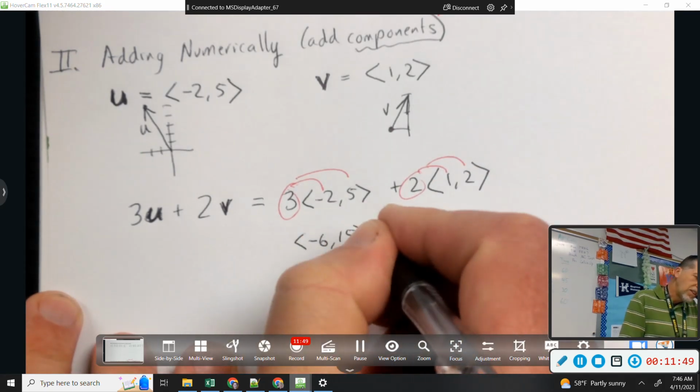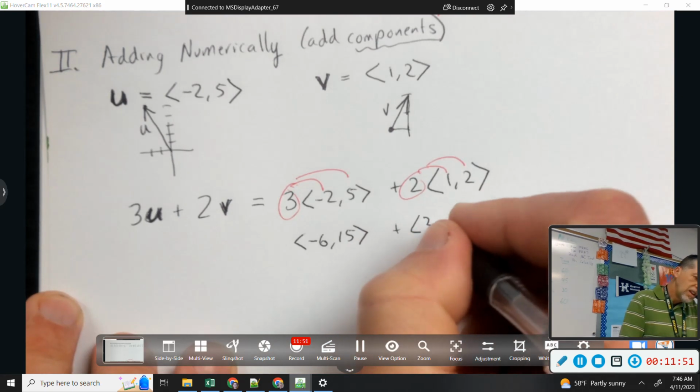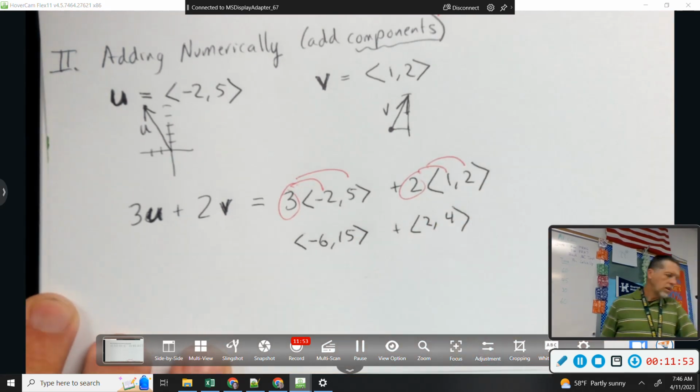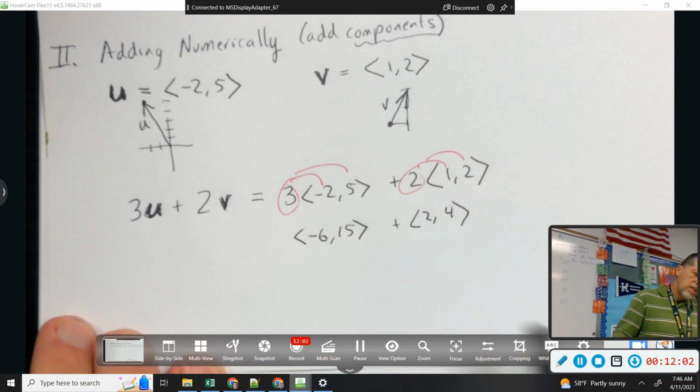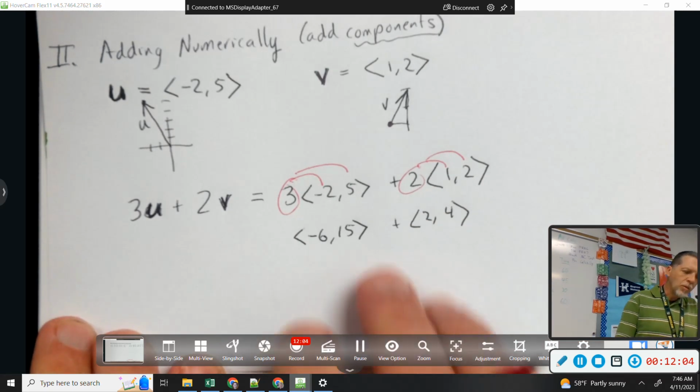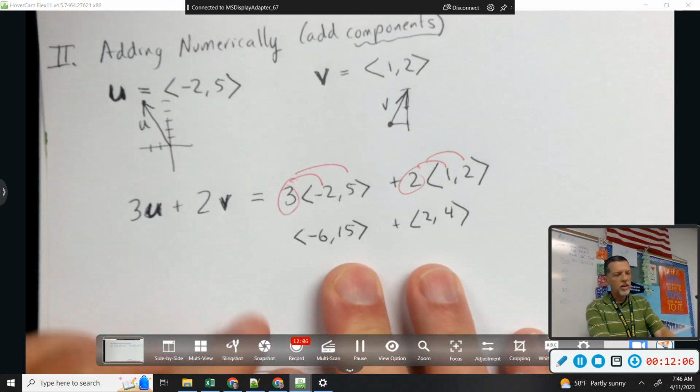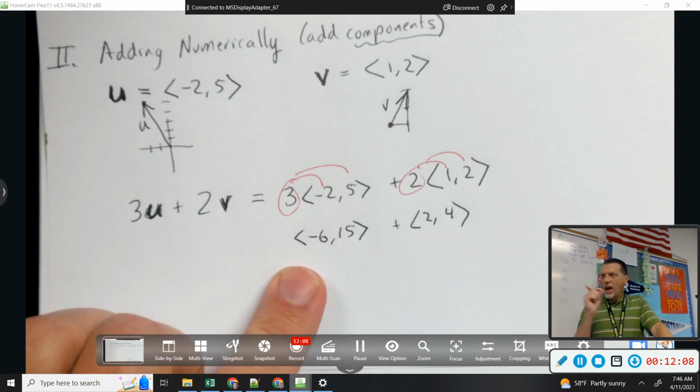So ⟨-6, 15⟩ plus ⟨2, 4⟩, after we distribute the 3 and the 2. And then we'll add, this is where there's a sort of a link with matrices. When you add matrices, you add corresponding parts. Same thing when you add vectors.